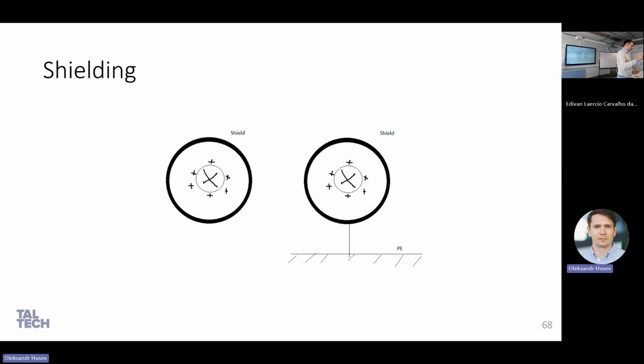So this is one important example where you must always think about what we are protecting, the inside device or the outside. For example, you have an inductor, even with a ferrite core, and it still produces electromagnetic interference, especially if it has a gap.